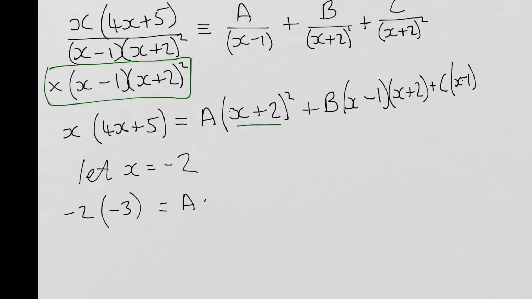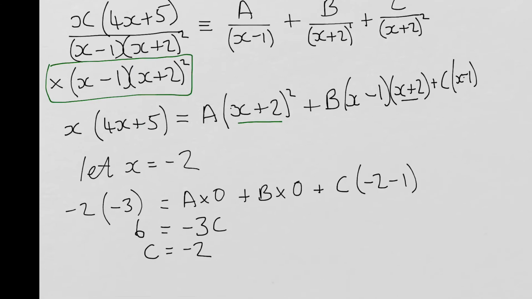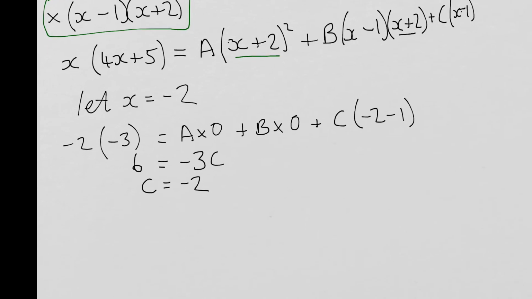The a is going to now be multiplied by 0, which is what I wanted to knock that bracket out. My b is now going to be multiplied by 0, because minus 2 plus 2 is 0. And then my value of c is going to be multiplied by minus 2 minus 1. So here I'm going to get the value of 6 is equal to minus 3c. So that will give me that c is equal to minus 2. Lovely.